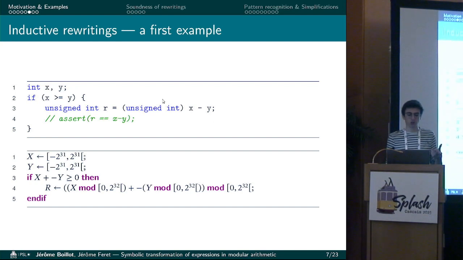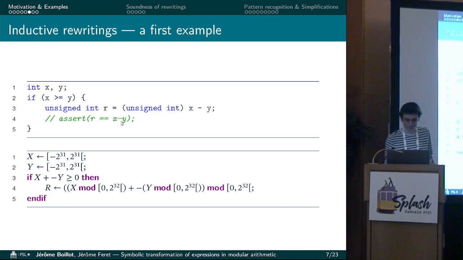In fact, if we evaluated just x minus y without the cast to unsigned int, it would have been an error, an undefined behavior, because x minus y can overflow, and signed integer overflow is an undefined behavior in C. So this x cast to unsigned int cannot be represented without a modulo, but the difference, x minus y, can be represented, and in fact it's just x minus y, but with the minus of z.